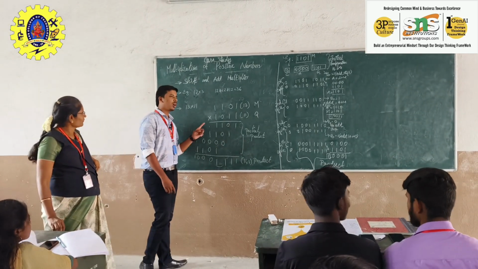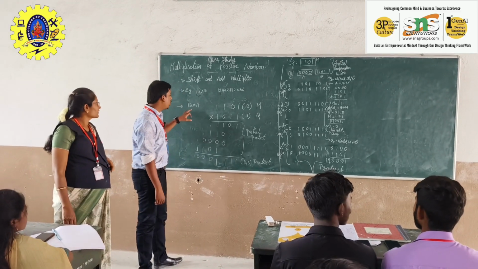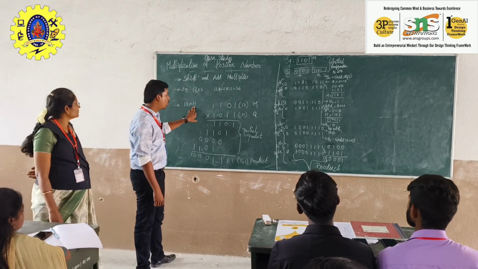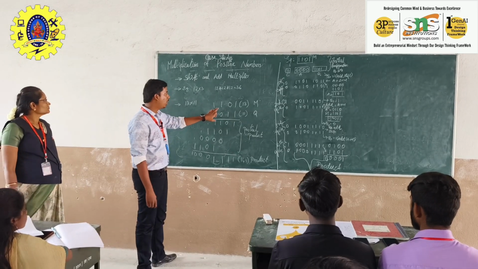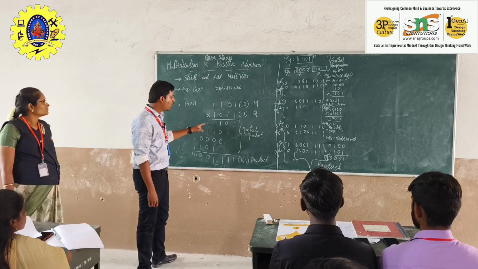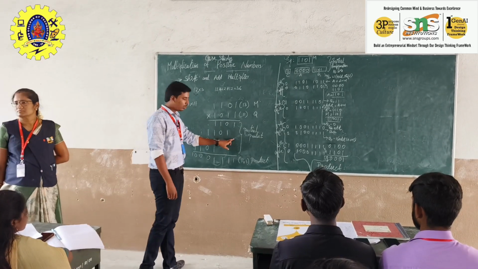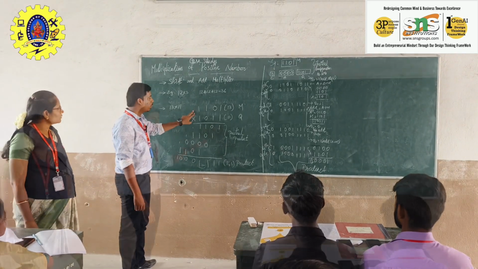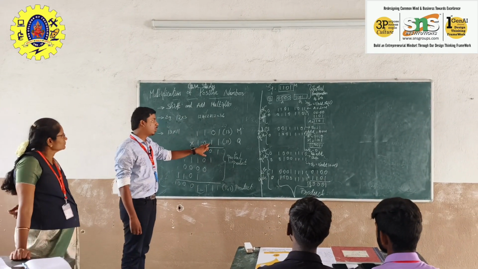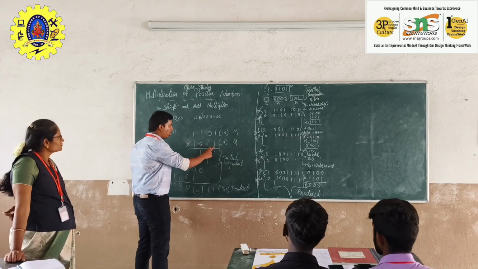In computer organization and architecture, we consider the multiplicand and multiplier as binary numbers, and we multiply the multiplicand using the multiplier. Then we get the partial products.